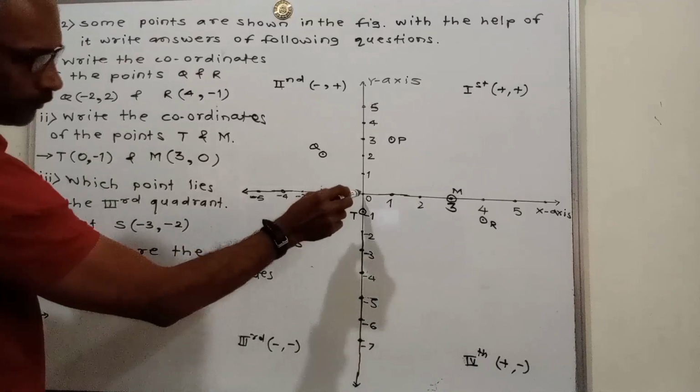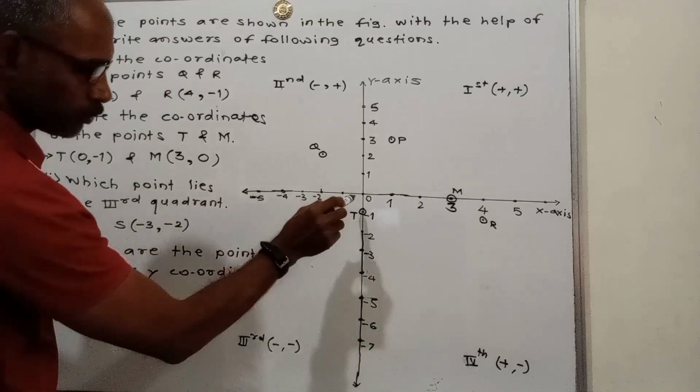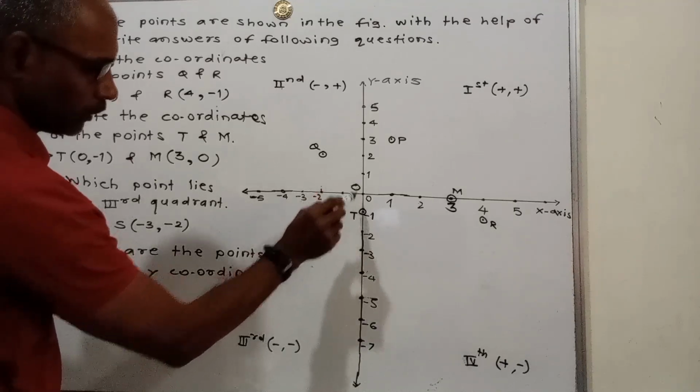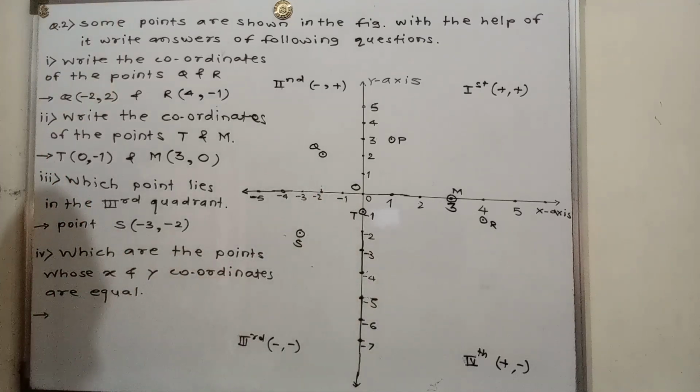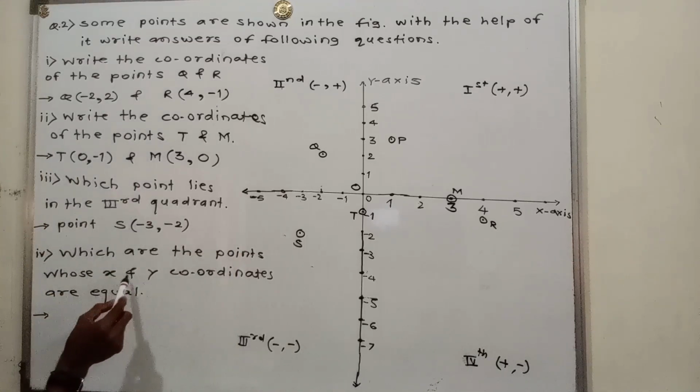Now here no name of this point, that is origin. I will write here O. Did you get it? Therefore, see which are the points whose X and Y coordinates are equal.